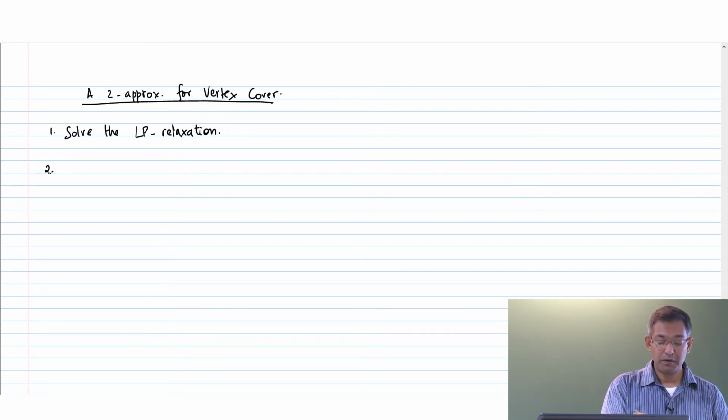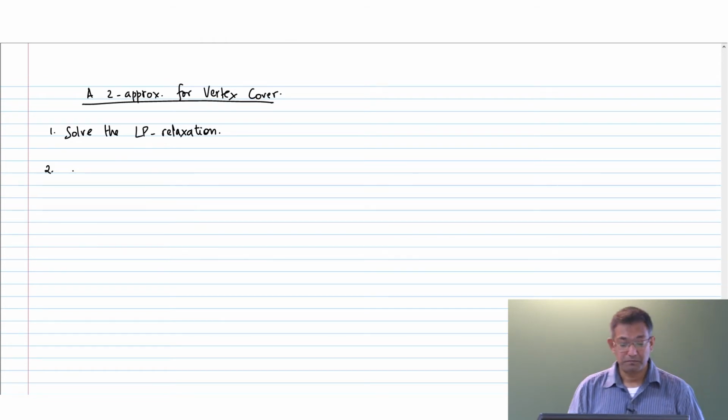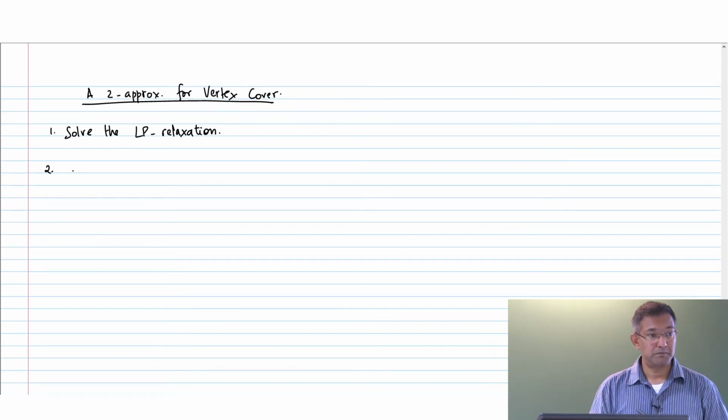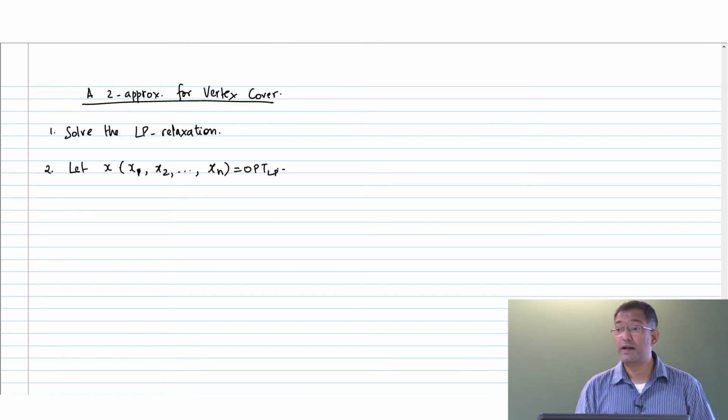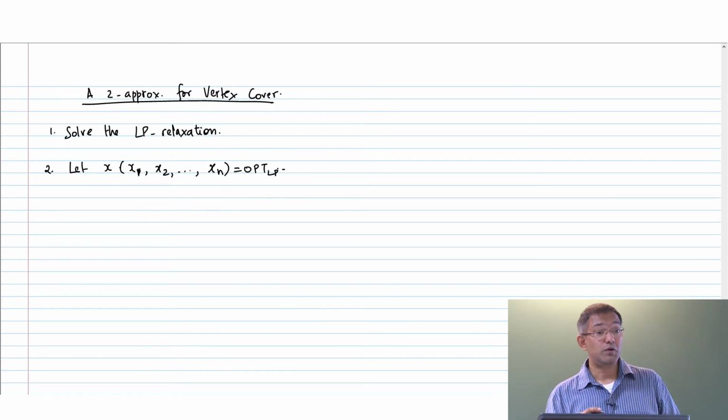And let us look at the LP. Let us say X is the optimal solution to the linear program.